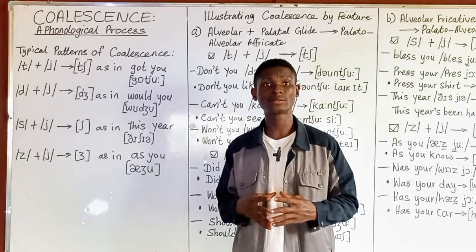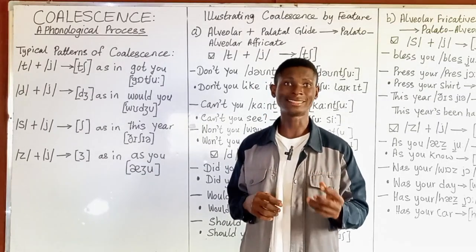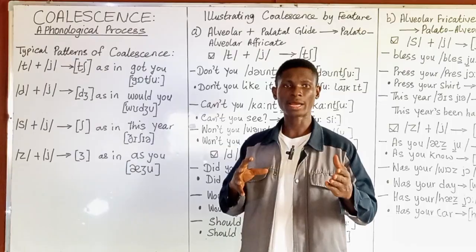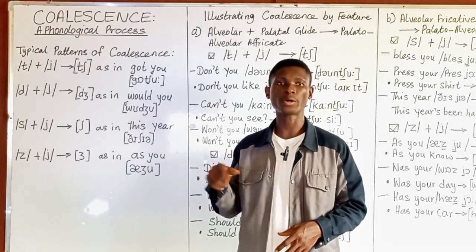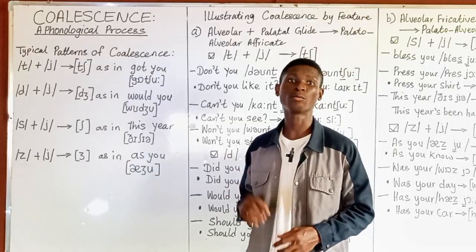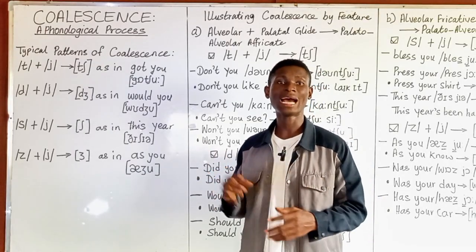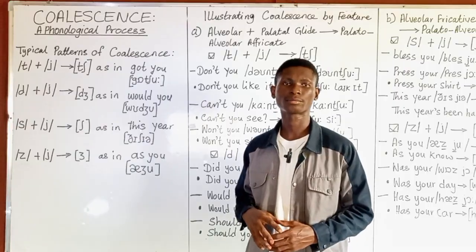Examples of alveolar sounds are T, D, S, and Z. Any of the four alveolar sounds, when we have it at the end of a word and the following word begins with the Y sound, which is a palatal sound, the two sounds will combine and form a single new sound.